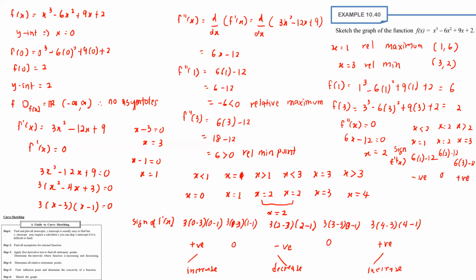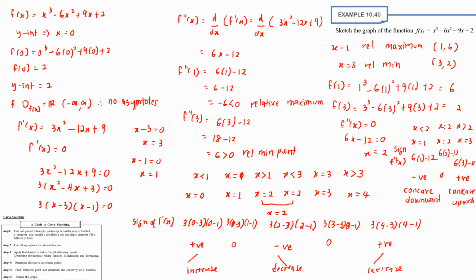Okay, so we know that for the negative value, this one is concave downward, because the value is negative. And this one is concave upward, because the value is positive.